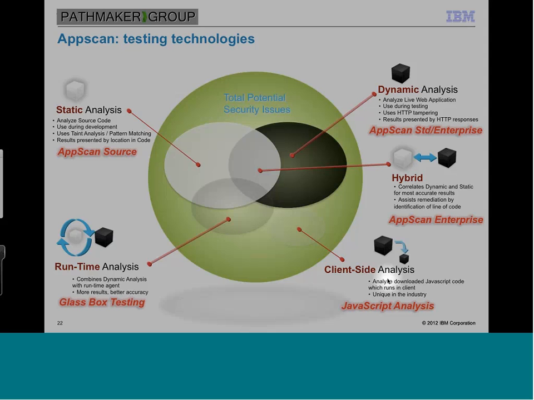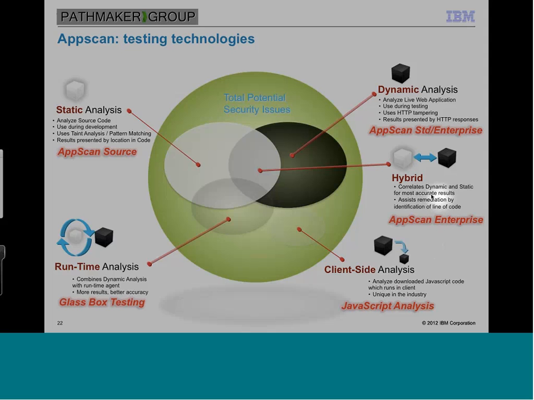We have a capability in the tool that collects that JavaScript during the crawl phase, and at the conclusion of the crawl phase, it does a static analysis of that JavaScript to find static vulnerabilities, similar to what our white box testing tool is doing, but it's doing it during the actual dynamic crawl phase. It's a very interesting capability, and we actually ran a scan during development of this capability of the Fortune 500 companies and found that 25% of all the Fortune 500 companies had serious client-side JavaScript analysis problems.